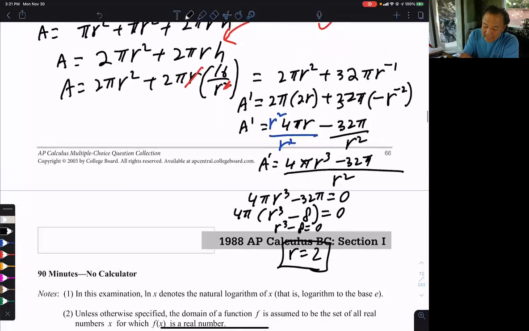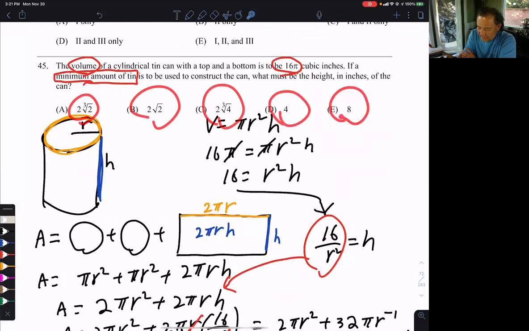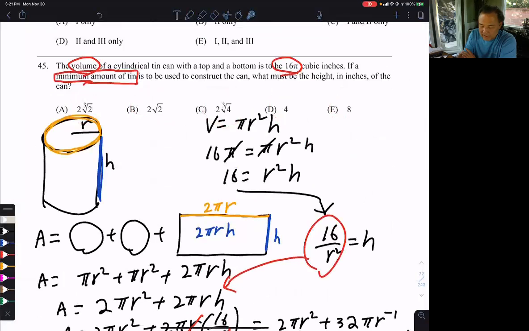Now you might say, hey, if r equals 0, that's going to be a critical point also because it's undefined there. But think about it. Your radius being 0 is the extreme case. That's the endpoint. Obviously, you wouldn't have a radius of 0. And since it's a multiple choice question, it's got to be one of these, so it can't be 0.